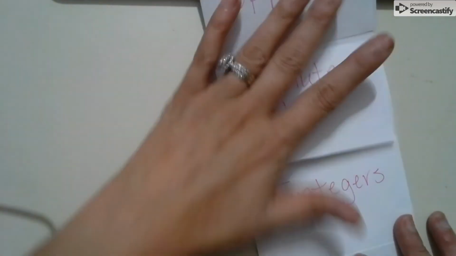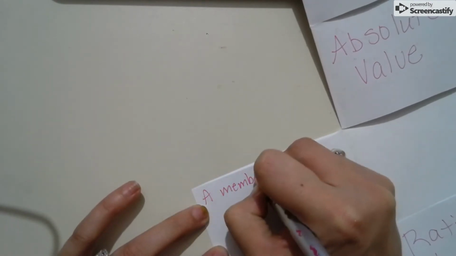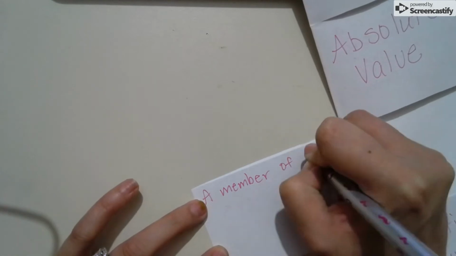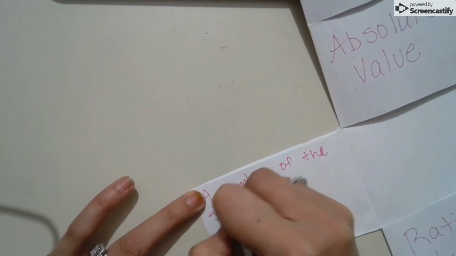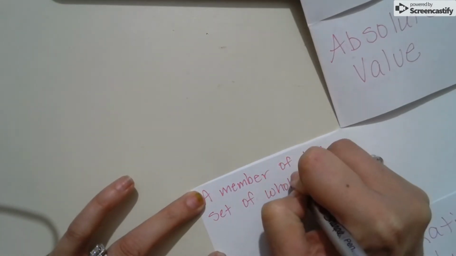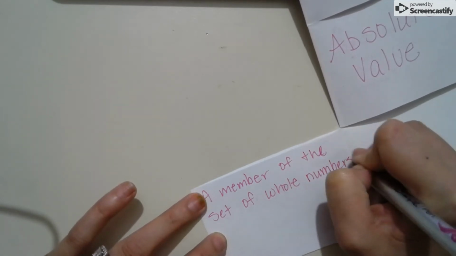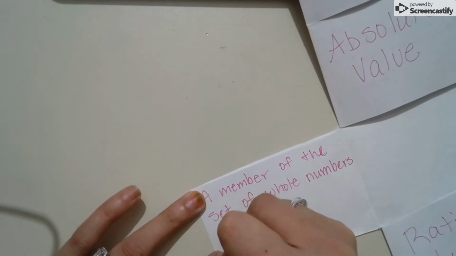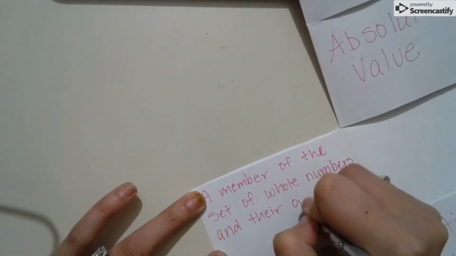All right. Open up your third door, which is integers. And integers is a member of the set of whole numbers and their opposites.